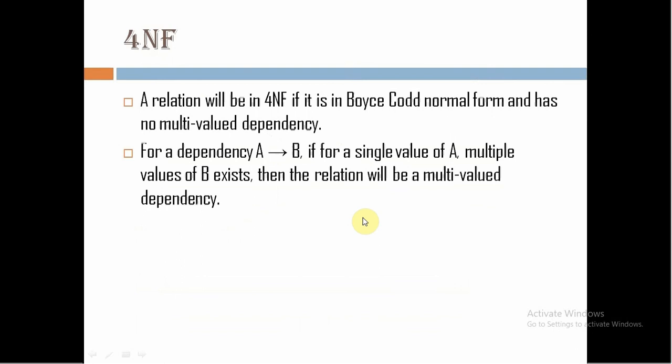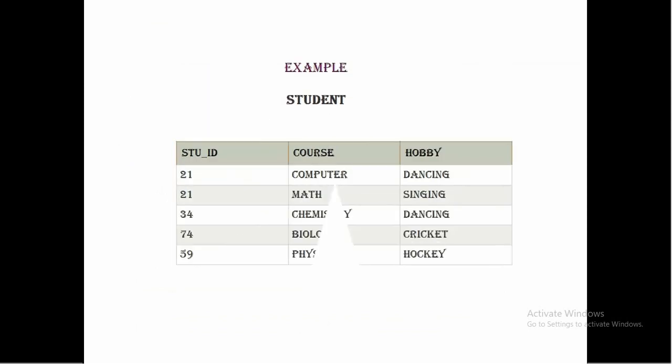We can say that a relation will be in 4NF if it is BCNF and has no multi-value dependency. Let's take an example here. Student ID, course, hobby. Here student ID 21 has courses computer and math, and hobbies dancing and singing. So here there is multi-value dependency. So we will decompose the table and another table will be created.